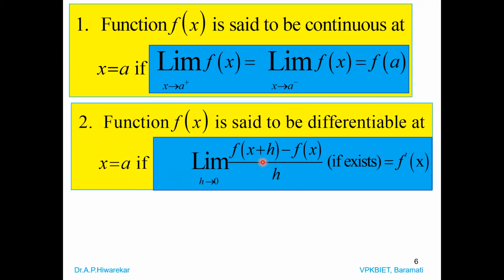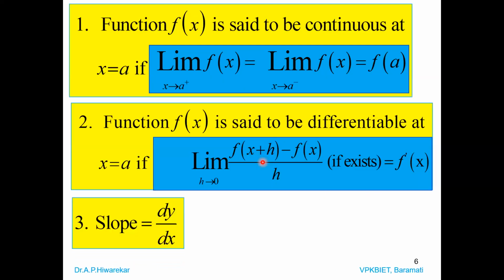These are the basic definitions that you already learned. Then the slope of the curve at a particular point is dy by dx at that point, so slope is represented by the derivative of the function, dy by dx.